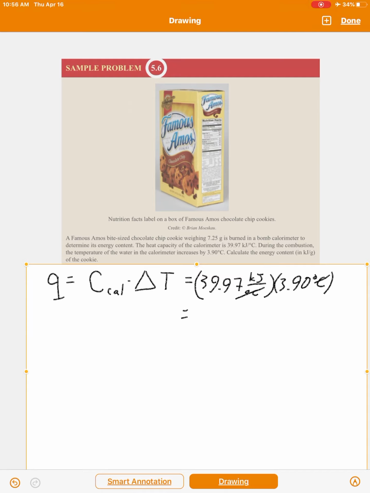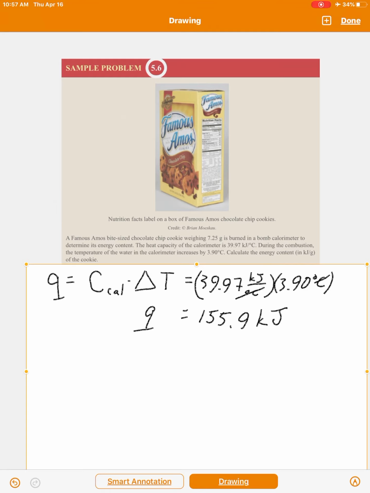So that tells us how many kilojoules of heat was absorbed by the calorimeter. So 39.97 times 3.90, and you get 155.9 kilojoules, okay?